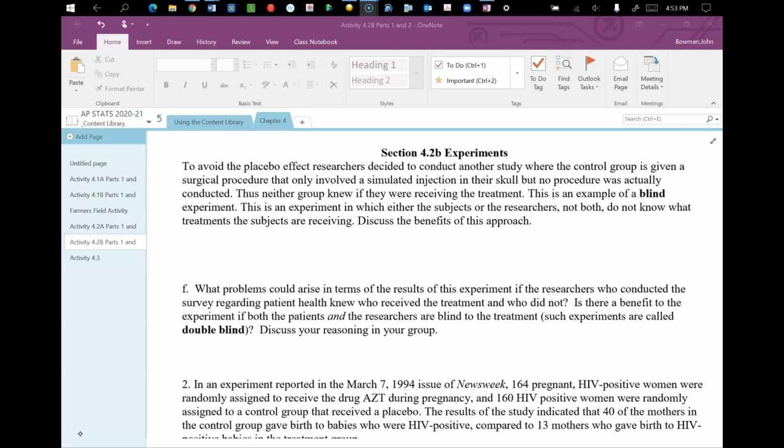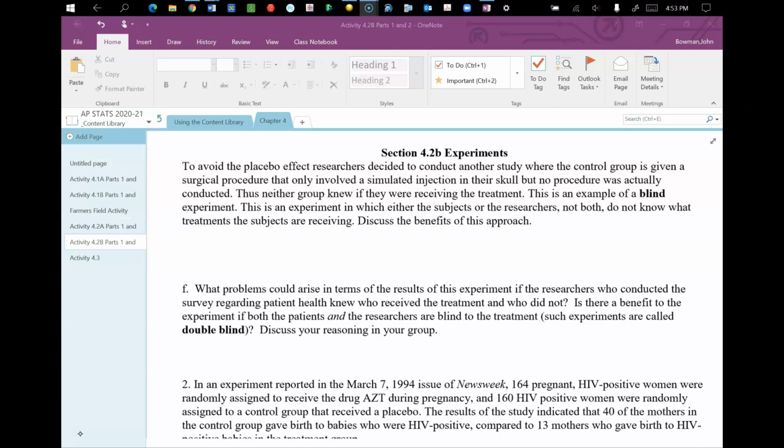We'll call it a single blind experiment. The placebo effect could be at play here. So just by receiving an injection, people could improve their situation, just like Mr. Wright, even though the treatment has no effect whatsoever.